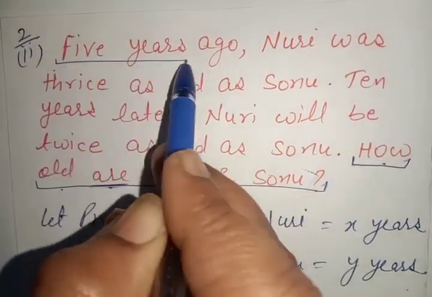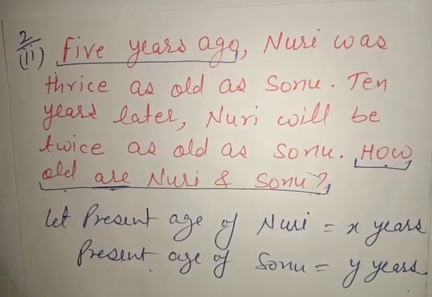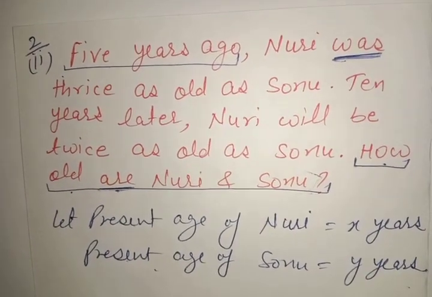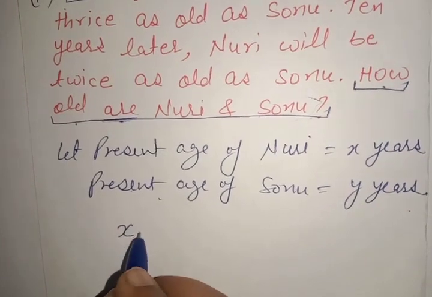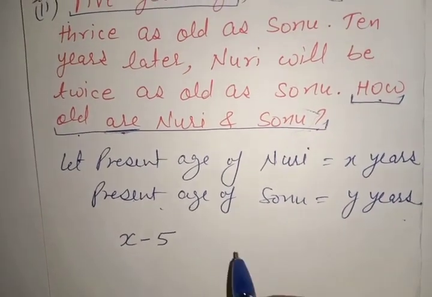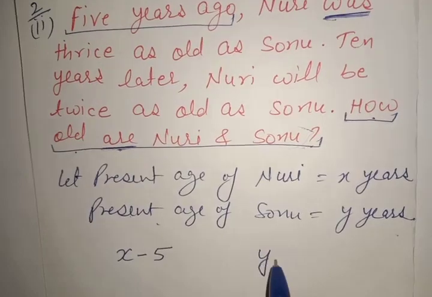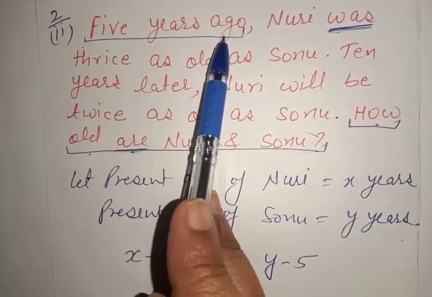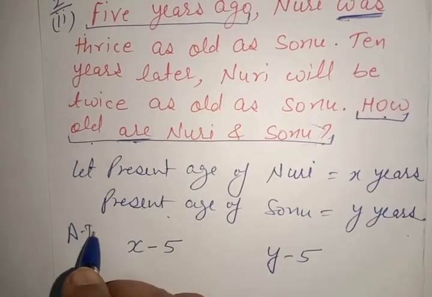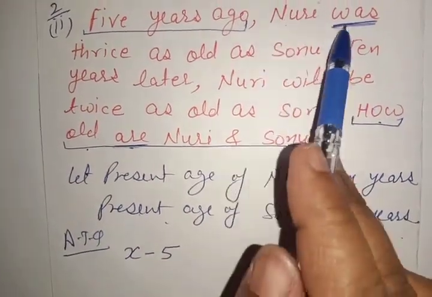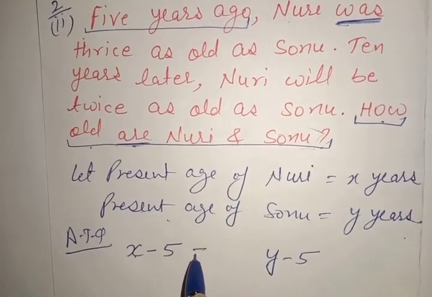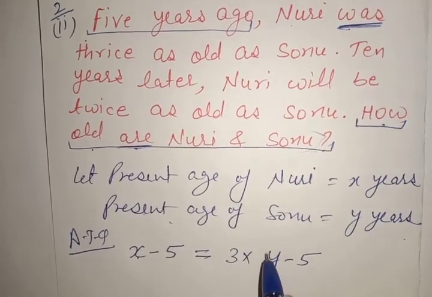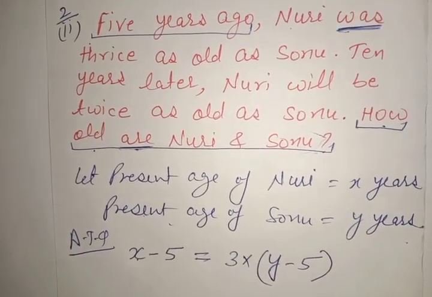5 years ago, as you know, you have done in 3.3 also. Was is the tense, it means minus. 5 years ago, Noori will be x minus 5 and Sonu will be y minus 5, because it is written 5 years ago. Now we will make the equation according to the question. Question says Noori was, means equal sign, thrice means 3 multiply, and multiply means bracket.